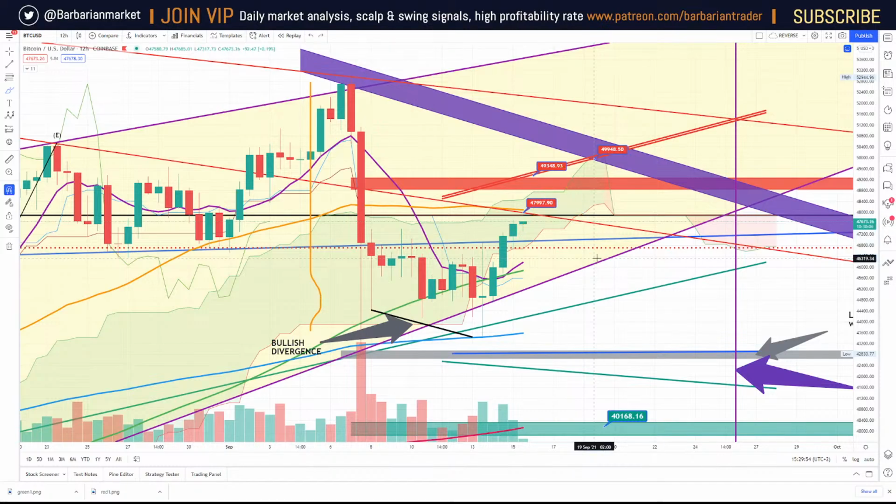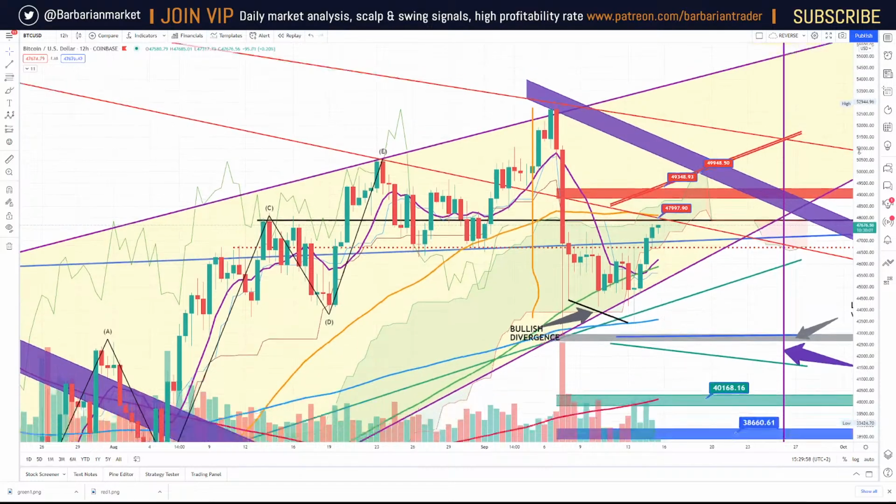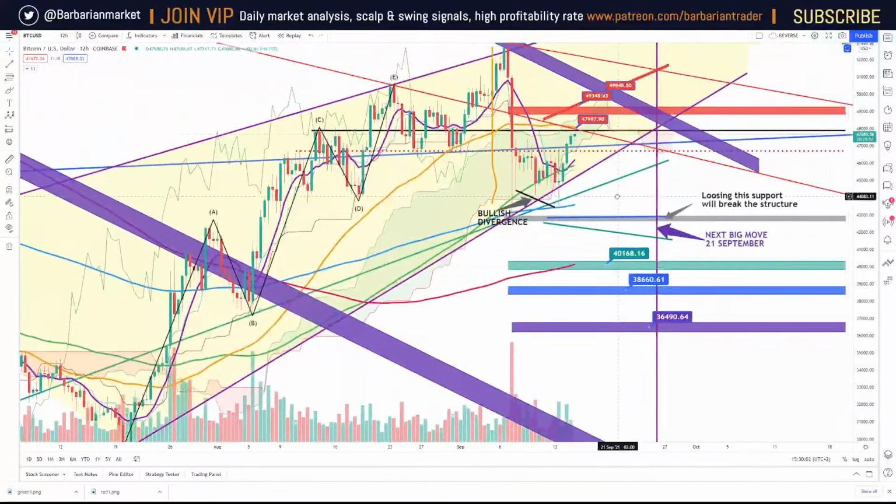So because if you look, usually we have, so let's see, practically we have like the first test. If you think about it, we just created, right? So usually they like to come and test this, either a support. Okay, if they will really go up, probably they'll test this as support, and then they'll move up.